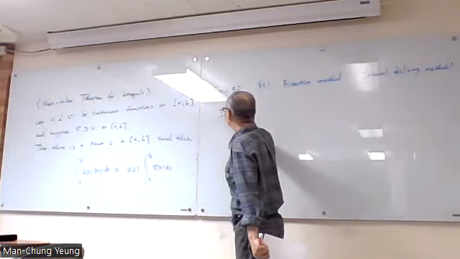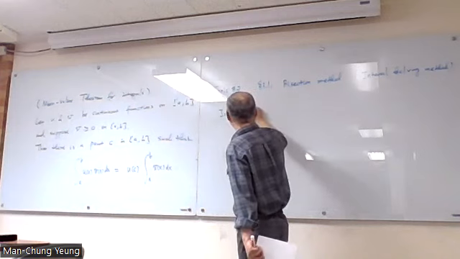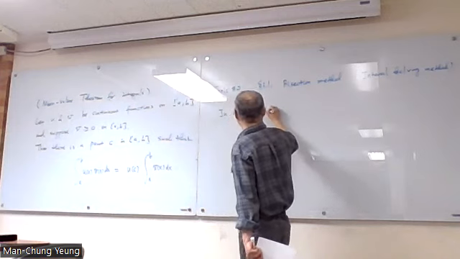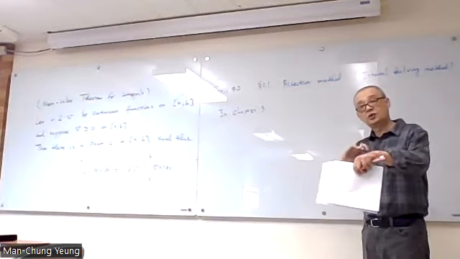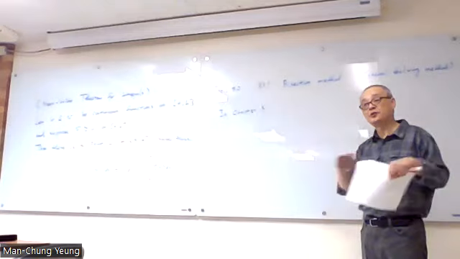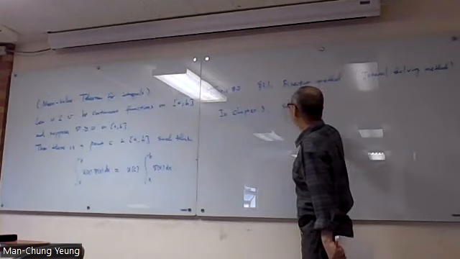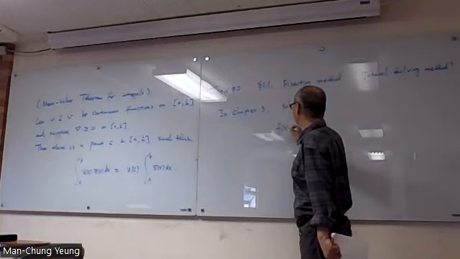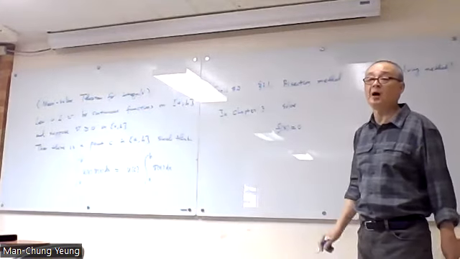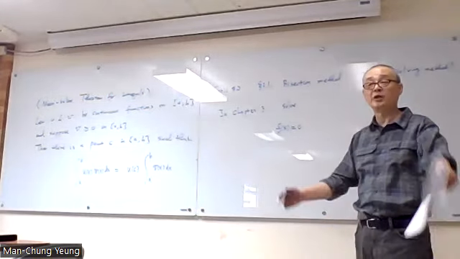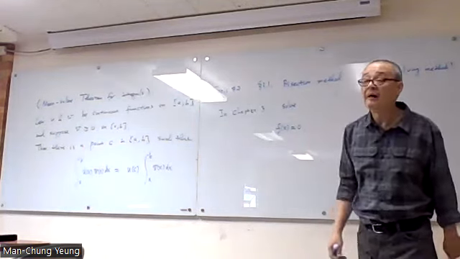In chapter 3 in the book, we consider how to solve a general equation, f of x equals 0. If the function f is a quadratic polynomial, we have the quadratic formula for the solution.